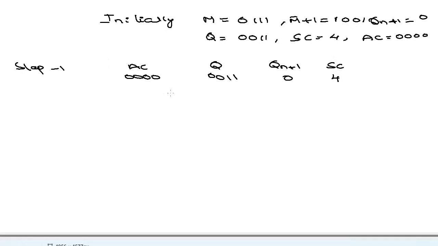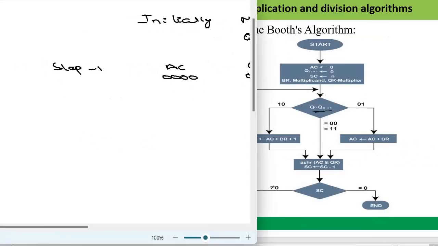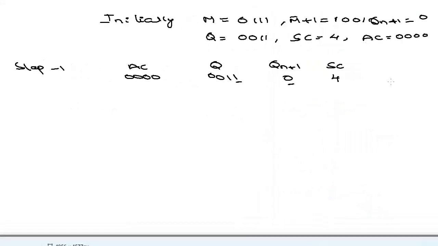The first operation is to compare the Q and Qn plus 1 values, that means the least significant bit of Q and Qn plus 1. If they are 1 0, what operation do we perform? 1 0 means we perform accumulator AC equal to accumulator plus M complement plus 1.